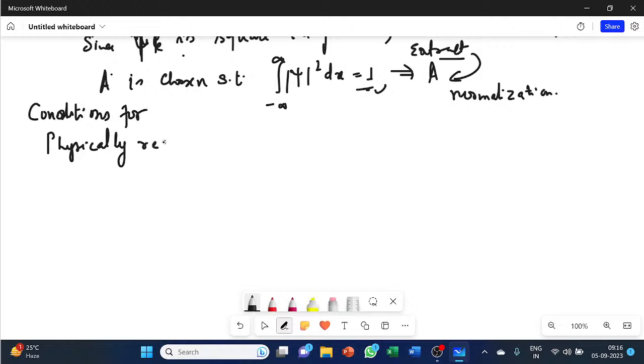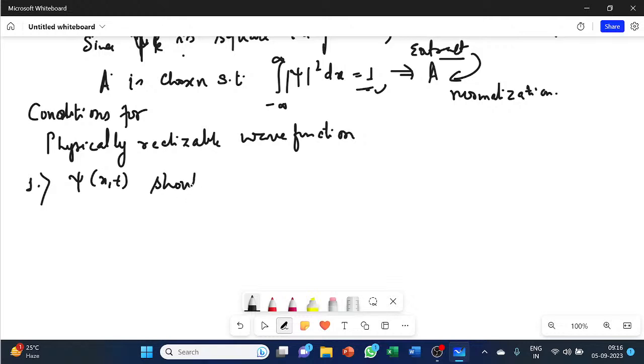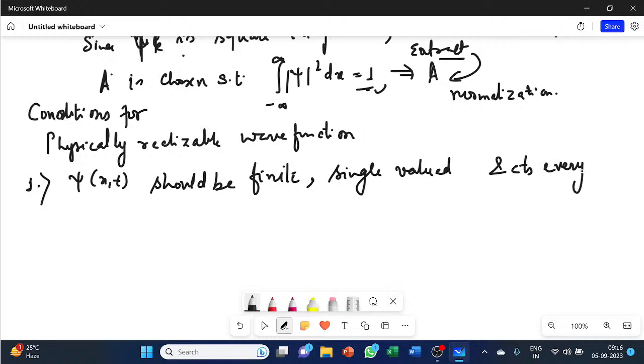Condition number 1 says that your psi(x, t) should be finite, single valued, and continuous everywhere in space.